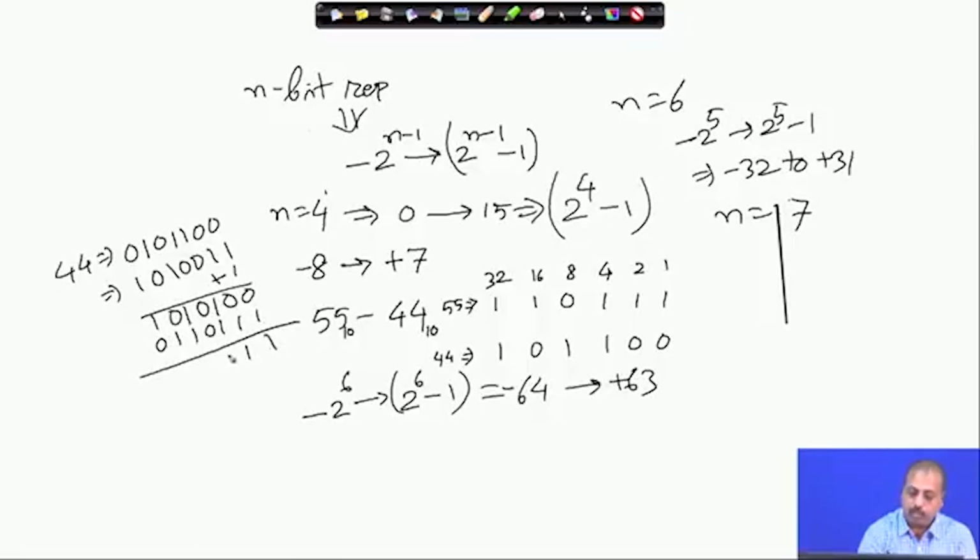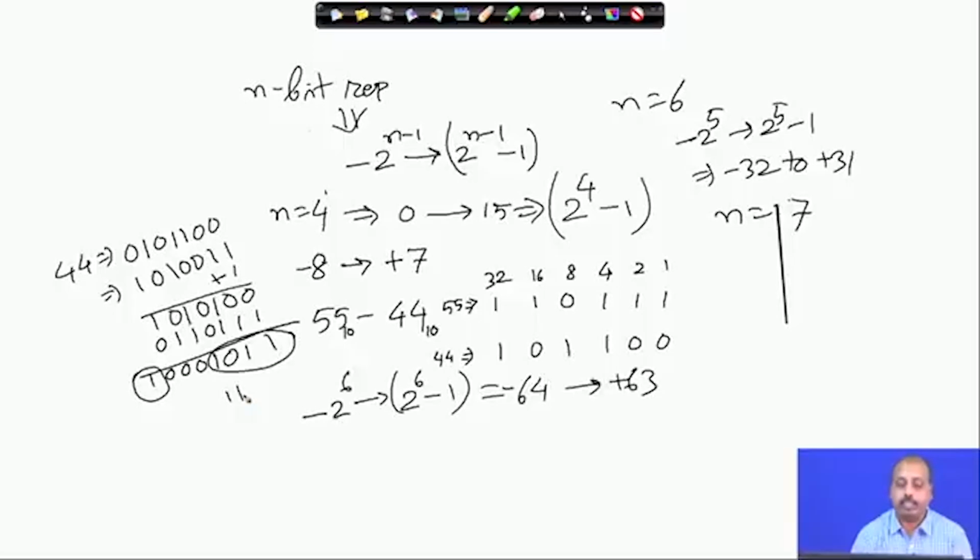There is a carry of 1, and so on, and it becomes 0 with a carry of 1. So, this bit I can ignore. You see this is nothing but 11 in the decimal number system: 8 plus 2 plus 1.